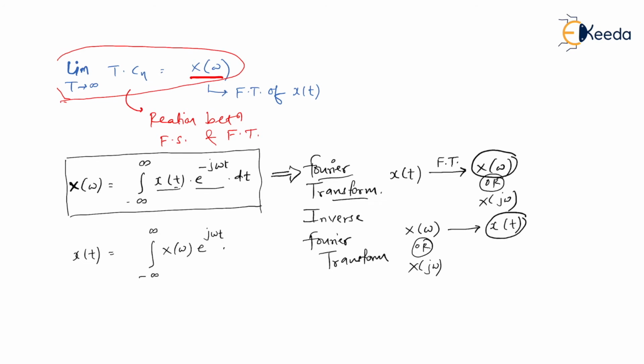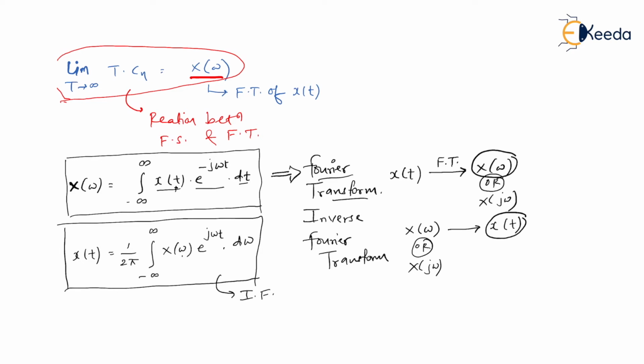Since this was a function of t, we had dt over here. But now this is a function of omega, we will have d omega here along with the extra term 1 upon 2 pi. Why this extra term has come, we will understand later. I'll give you a justification of this extra term, that is 1 upon 2 pi also. So this is the formula for inverse Fourier transform.